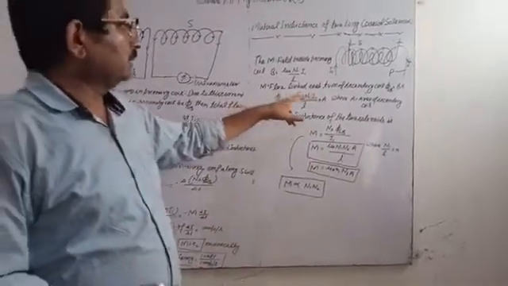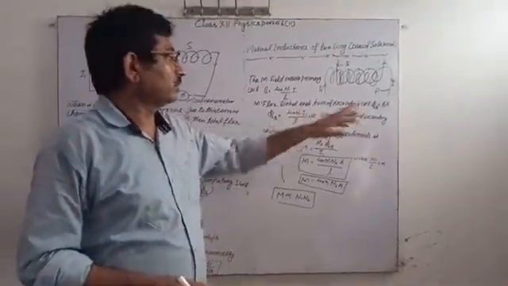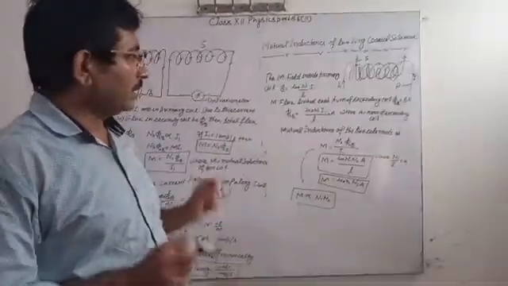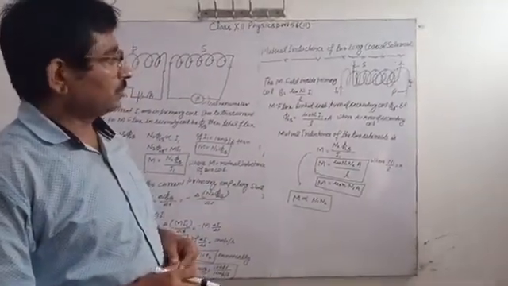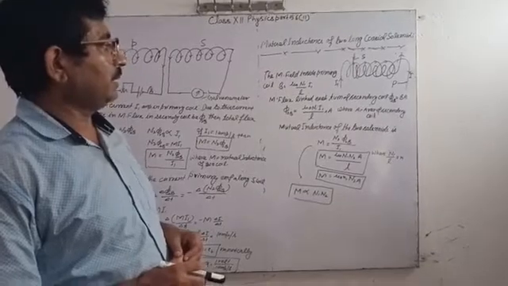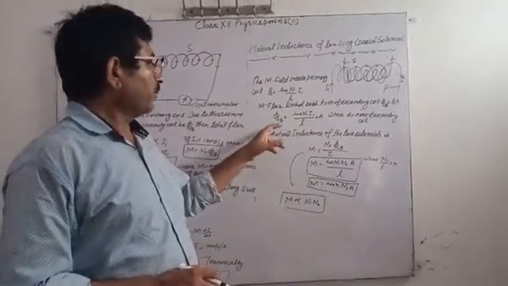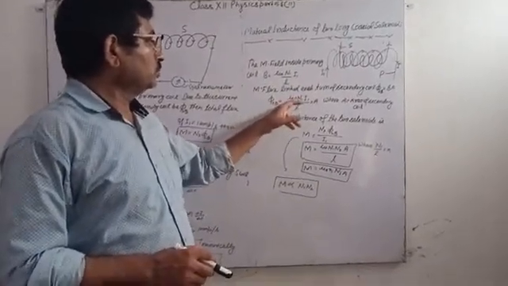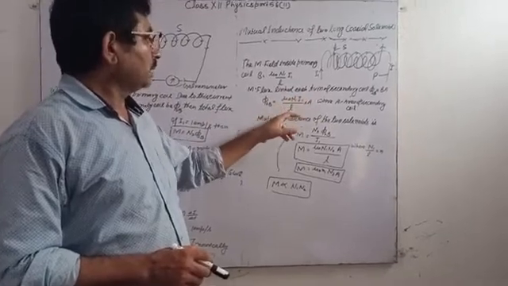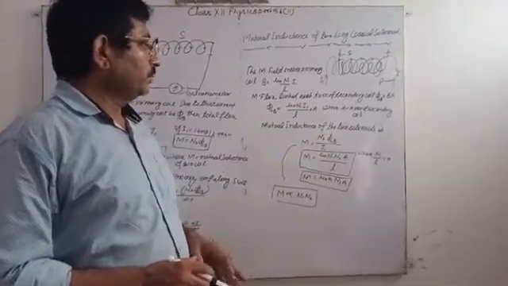Magnetic flux linked with each turn of the secondary coil, phi 2 equal to B A, where A is the effective area of the secondary coil. Phi 2 equal to mu naught N1 I1 upon L into A.